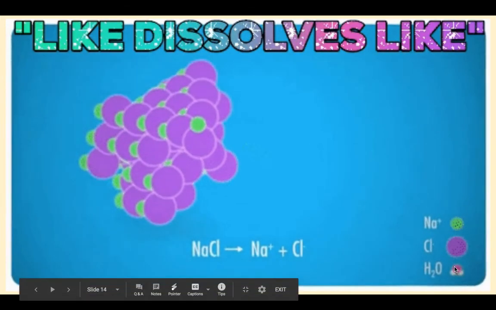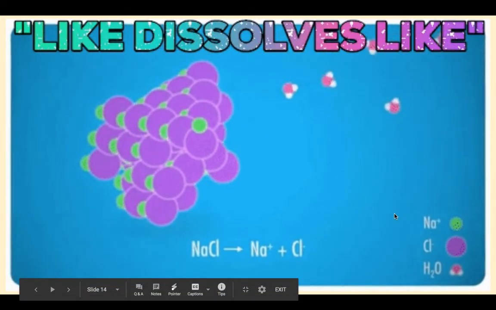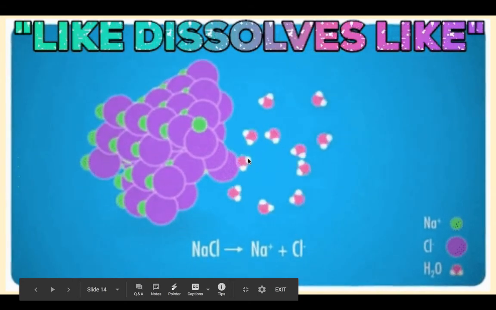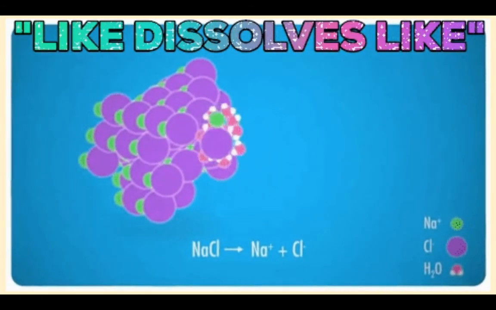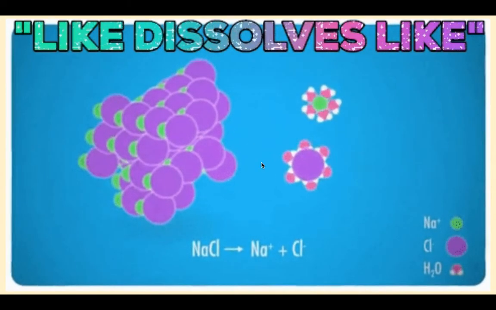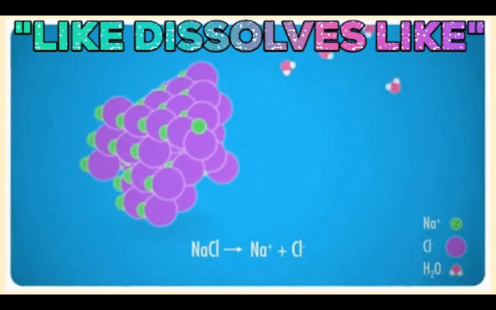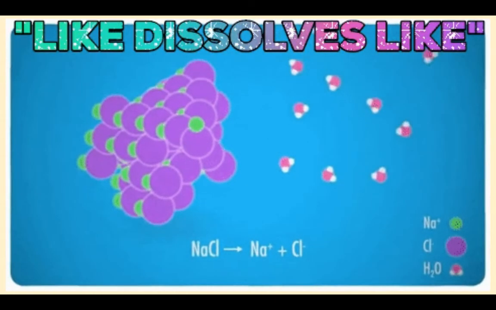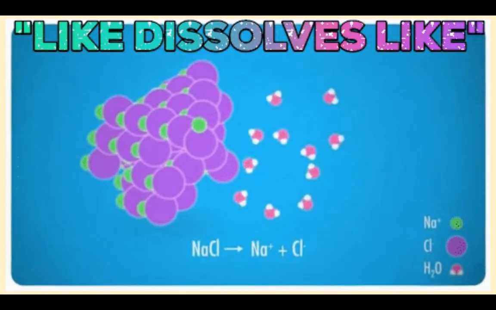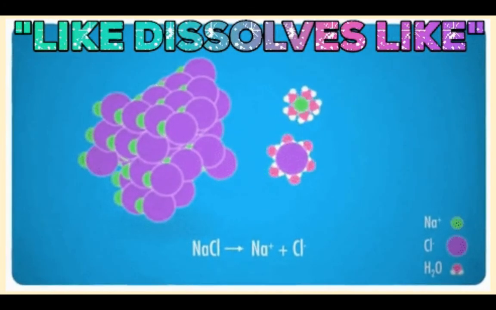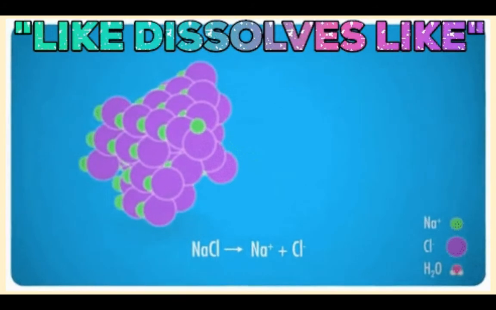And watch the partially negatively charged oxygen in red is going to surround the positively charged sodium in green. And so this is why water can dissolve any salts or other polar molecules. Anything with even just a partial charge, water can dissolve.